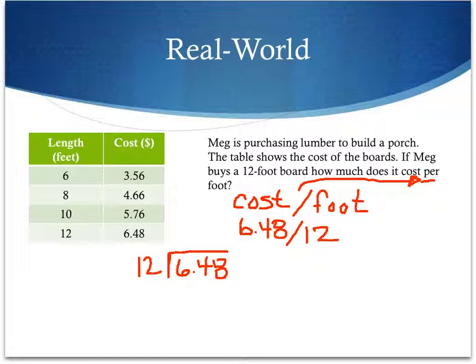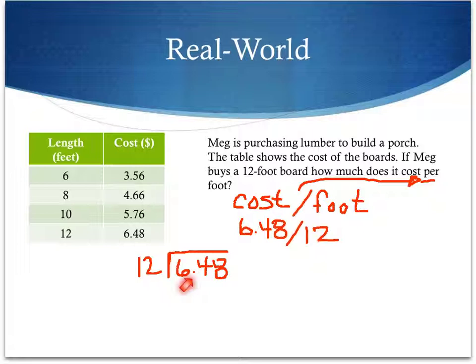So we should be able to divide this pretty easy without estimating, but if you don't know your 12 facts, you should also think about, well, hey, 12 is close to 10. And then how many tens are in 648? Okay, well, 648 we can also take a look at as 600. In which case, how many tens are in 600? Well, that'd be 60. So I should be getting close to that number with my digits.